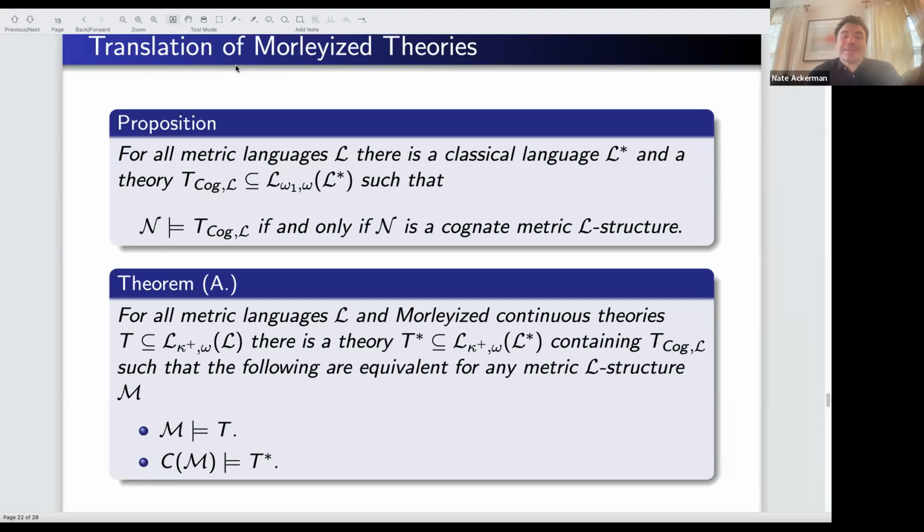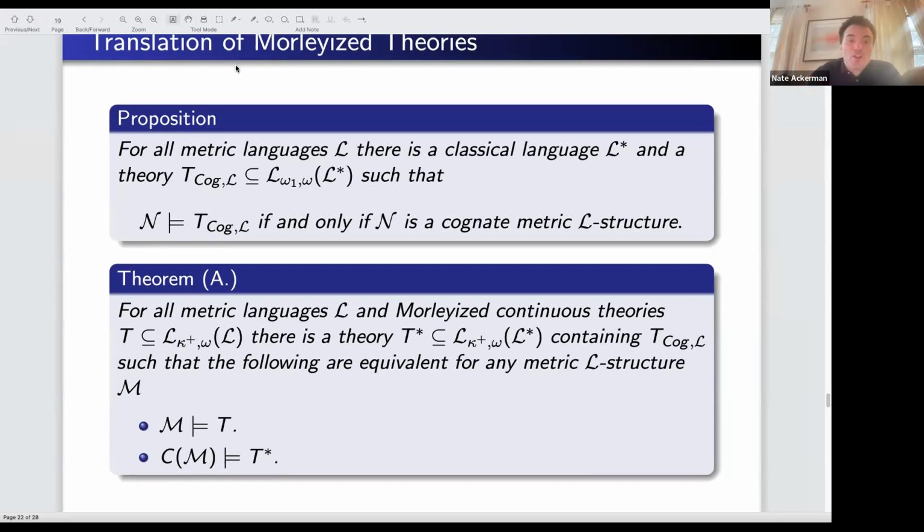For every continuous moralized theory T, there's a classical theory T star, which contains the statement that all of its models are cognate L structures, such that a metric structure satisfies the theory if and only if the corresponding cognate metric structure satisfies the classical theory. So in this way, we have a way to translate continuous theories into classical theories. And therefore, we can use this to show that many theorems that are true about classical theories will also be true about continuous theories.